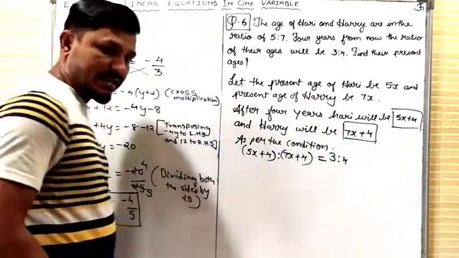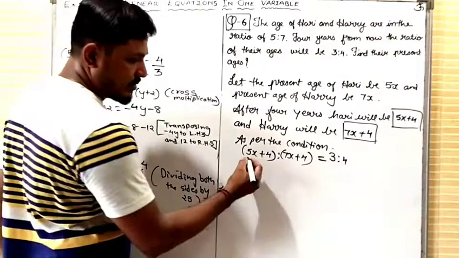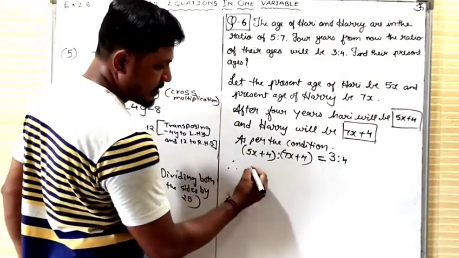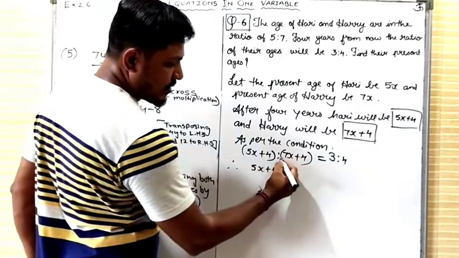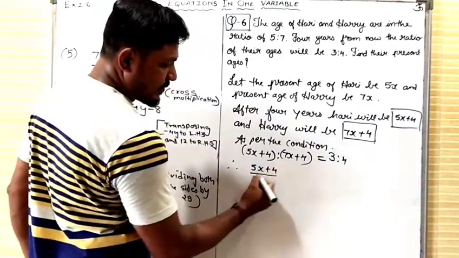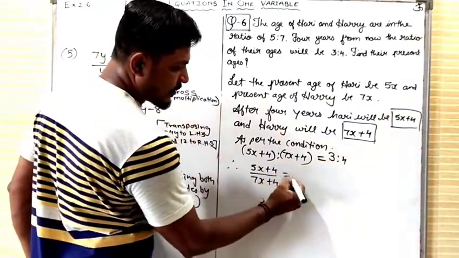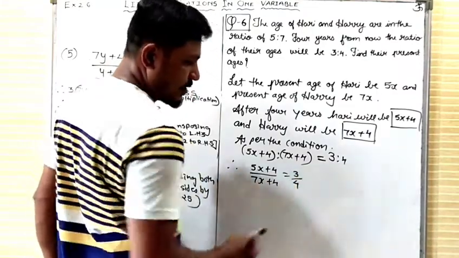Now from here it's very simple, cross multiplication method only. First you convert this into fraction form, that is the ratio, so it will come over here equals 3/4.